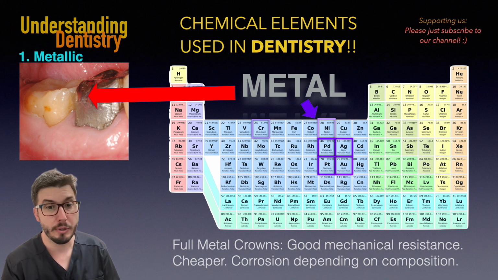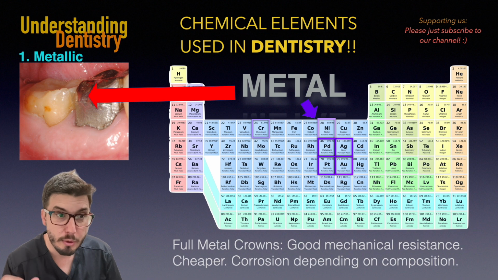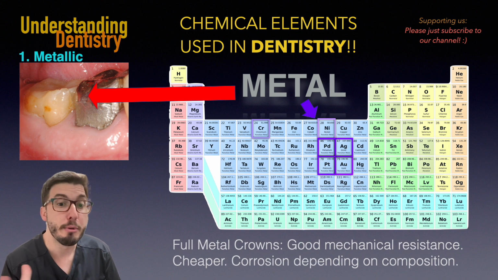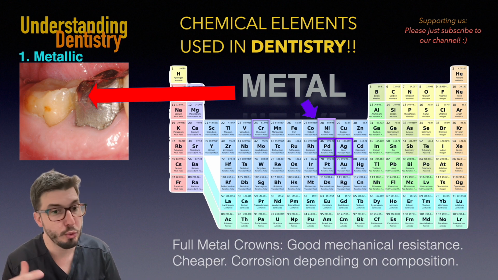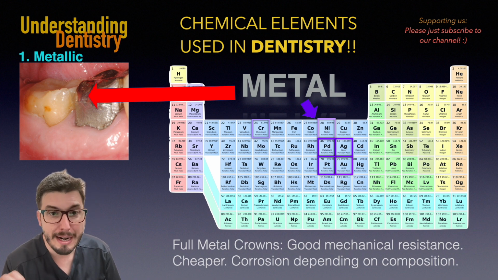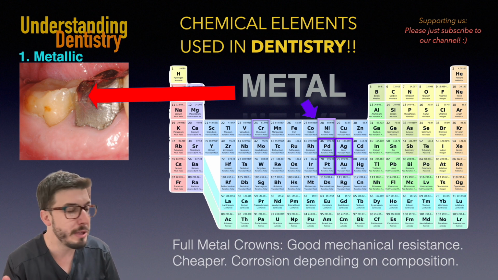We are saying metal here, of course that's not an element, but the full metal crowns, the entire crown made of metal, has usually a very specific alloy which can vary in proportions, so different laboratories would use slightly different alloys. But the main components are, take a look at this, noble metals as well, including gold, which could be used as well.